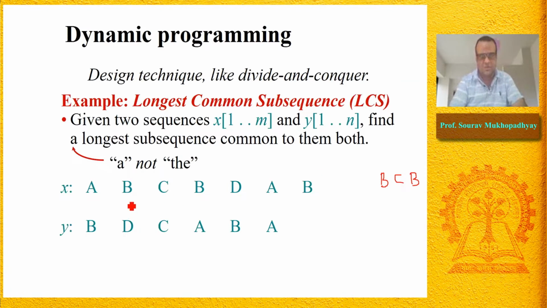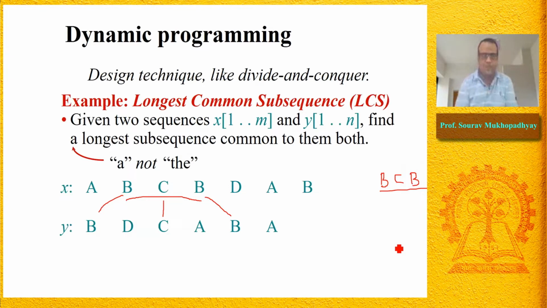Yes, this is a subsequence of x, and this is also a subsequence of y. So BCB is a common subsequence of the given sequences x and y, of length 3.